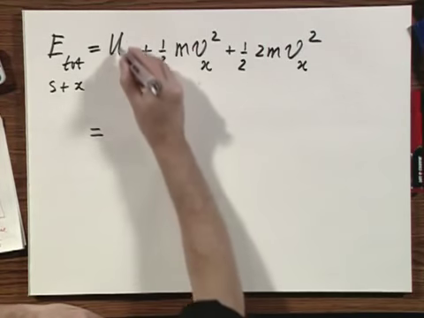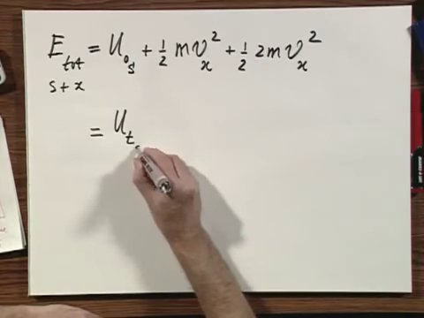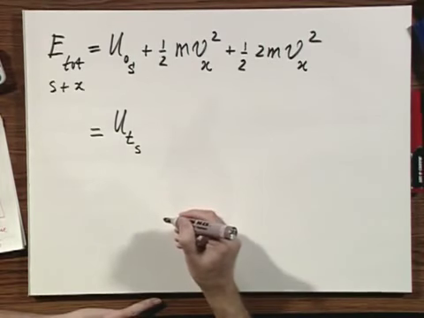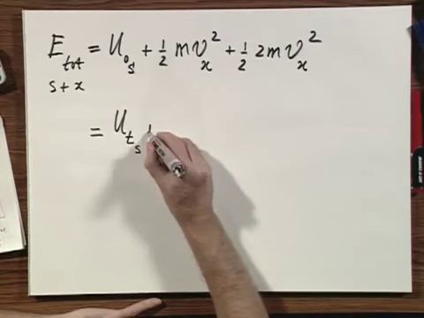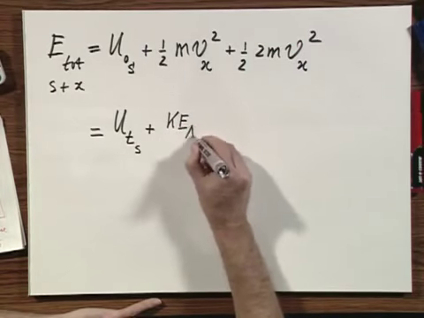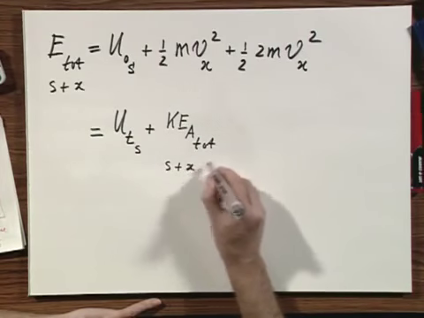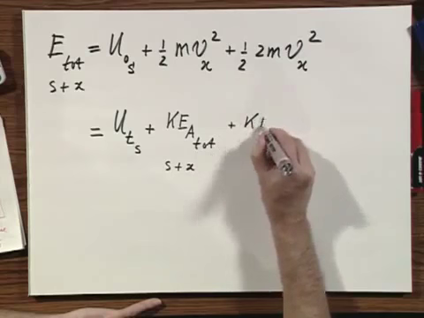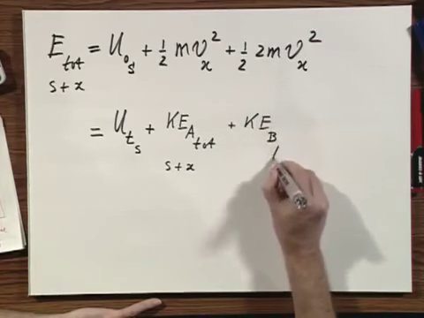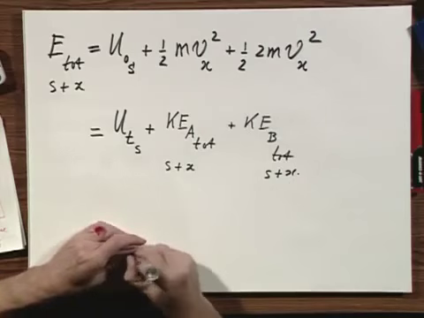Now, of course, I can also write for this, at any moment in time, the potential energy that is in the spring plus the kinetic energy A total, that means spring plus x, plus kinetic energy of B total, that means spring plus x.